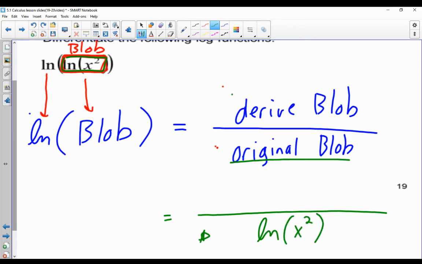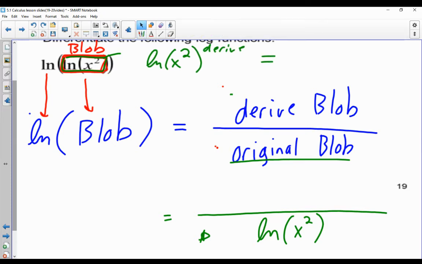Now on top is how we're going to derive the blob. In other words, we're going to take this blob, natural log x squared, and we're going to derive it. The way that you derive it is exactly how you've been doing it the past 10-ish slides. Take the inside and write a fraction.